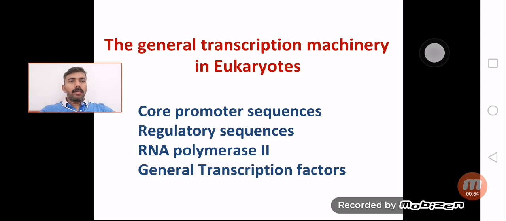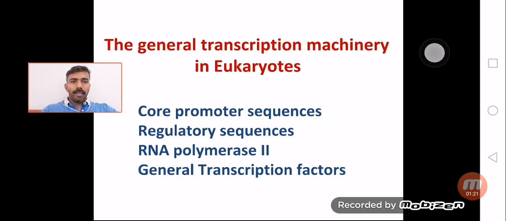The general transcription machinery in eukaryotes consists of various factors, of which the RNA polymerase enzyme is, of course, the vital molecule for transcription. Apart from that, we have a number of proteins acting on gene expression, which are generally called transcription factors.